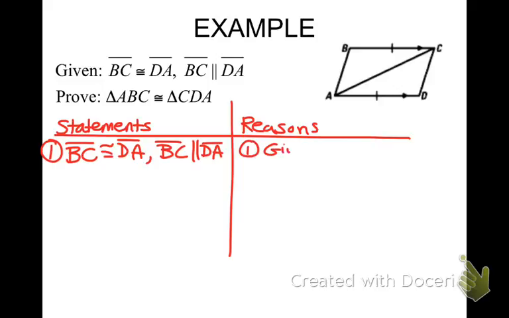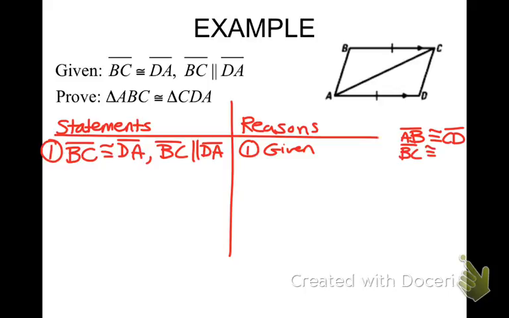Me personally, it helps me to just kind of reorganize my thoughts. Yeah, it does. All right, so just for the purpose of our first time going through it, I am going to list all 6 of my corresponding matching parts. And I'm pulling those from here. Because if I do that, then I know that whatever I'm putting over here probably is written correctly, and I'm not going to get points taken off on that. So AB matches with CD.